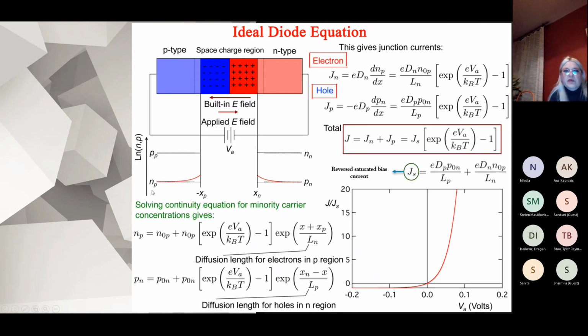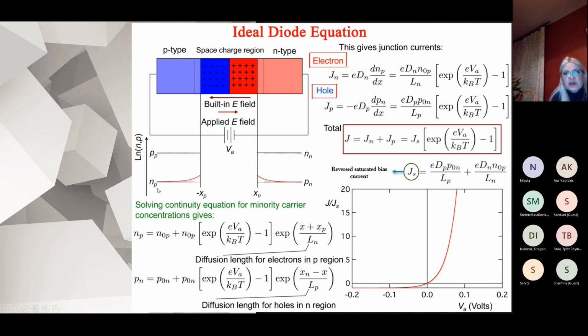And here basically if we represent how the concentration looks, this is in a p-type region. Here we're going to have a much higher concentration of holes in the p-type region, but a very small concentration of electrons.